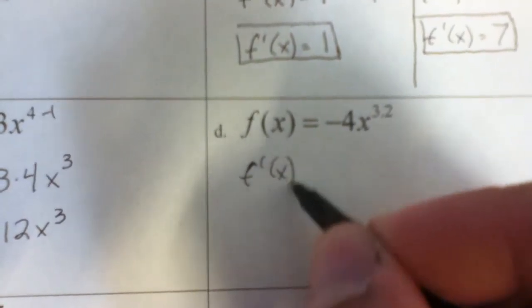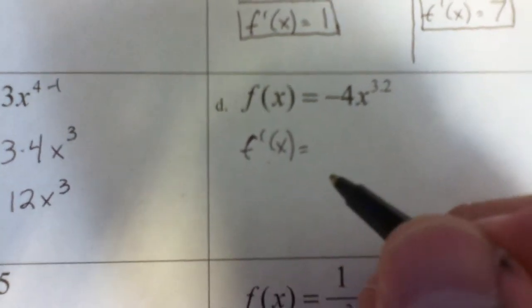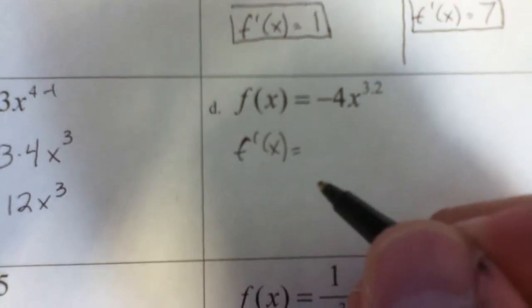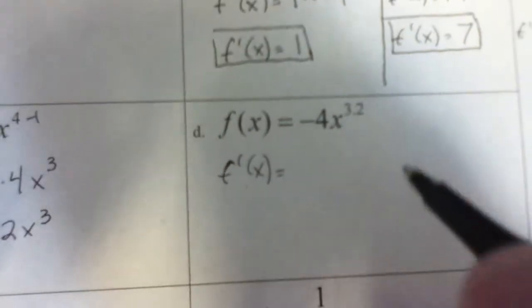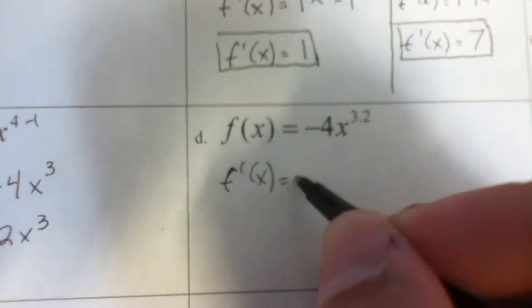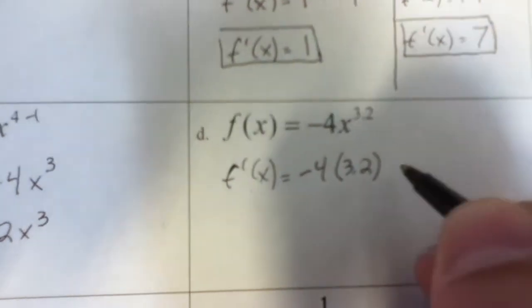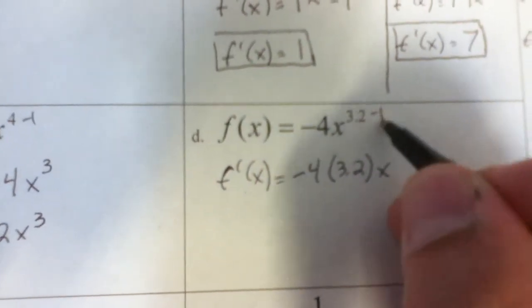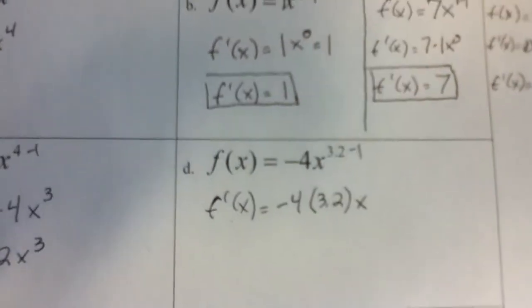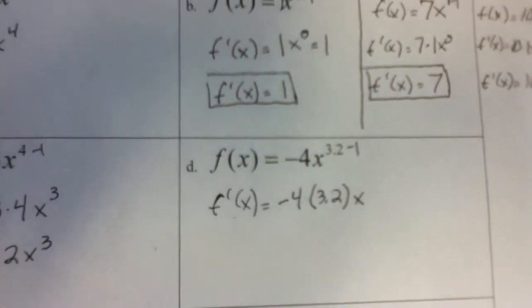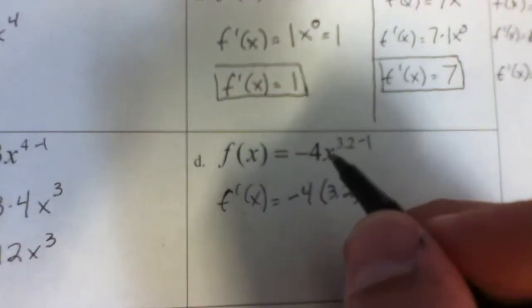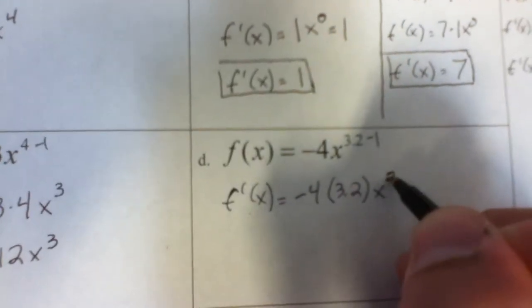Now, this works with all numbers: fractions, decimals, negatives, positives. It still works. So here, the negative 4 will stay in front, 3.2 will come down, subtract 1. Even though it's a decimal, the rules are the same. So 3.2 minus 1 is 2.2.